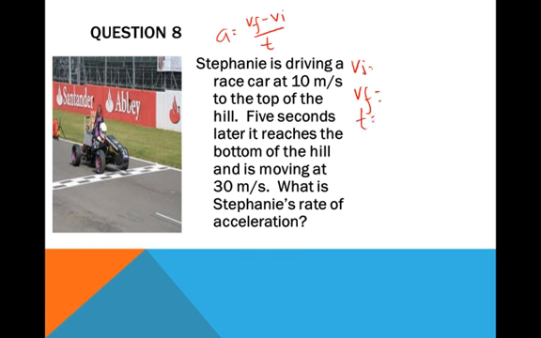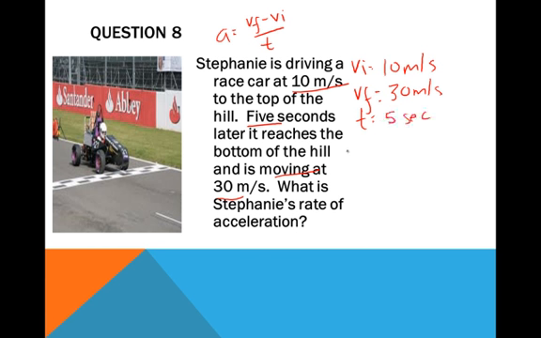Then VI, so what did she start with? Well, she starts driving up the hill at 10 meters per second. And then at the end, she is moving at 30 meters per second. And how long does it take her to increase her speed? 5 seconds.